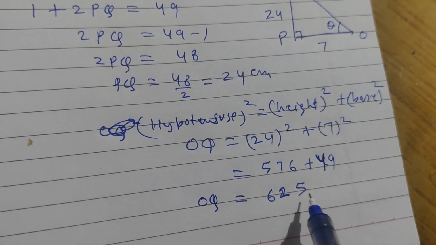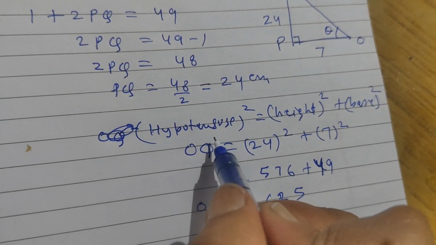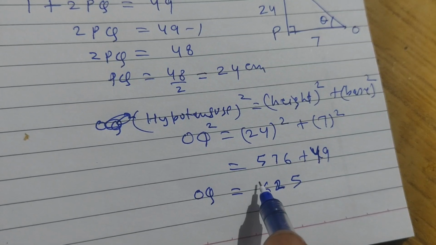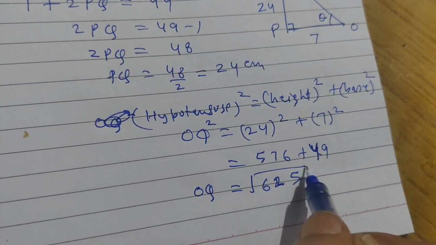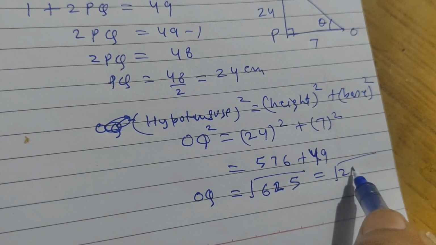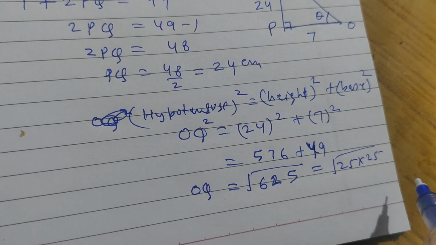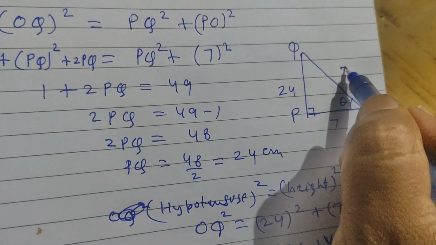OQ squared is 625, so 25 into 25, and OQ is 25.